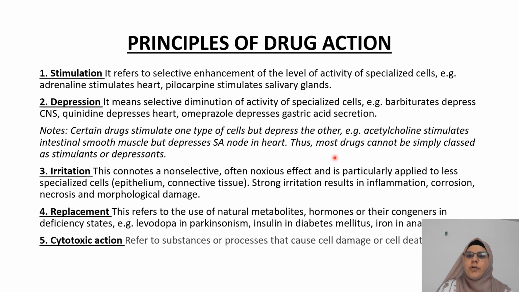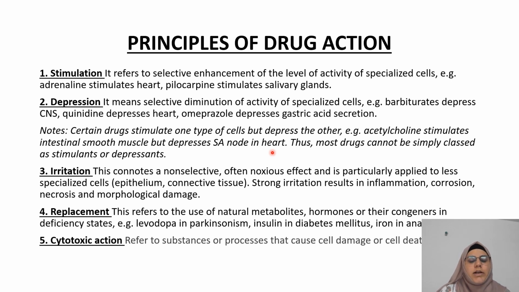For example, acetylcholine stimulates intestinal smooth muscle but depresses the SA node in the heart. Like acetylcholine stimulates intestinal smooth muscle but it decreases the activity of the heart. Thus most drugs cannot be simply classed as stimulants or depressants. That's why we don't classify those drugs under stimulation or depression.